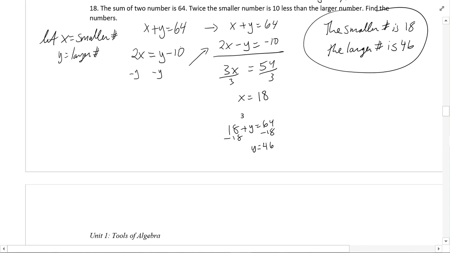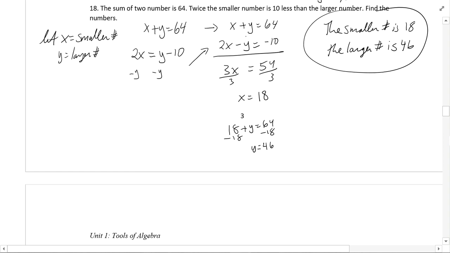At this point, you could have used substitution or elimination. Either would have worked. I chose to try elimination because on the other one I tried substitution, so I just wanted to show you how to do it with elimination. Remember, with elimination, you want the x's and the y's on one side of the equal sign and the constant on the other.